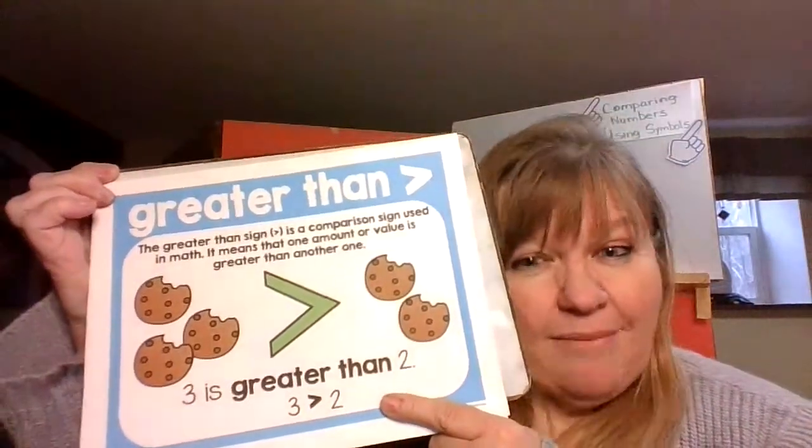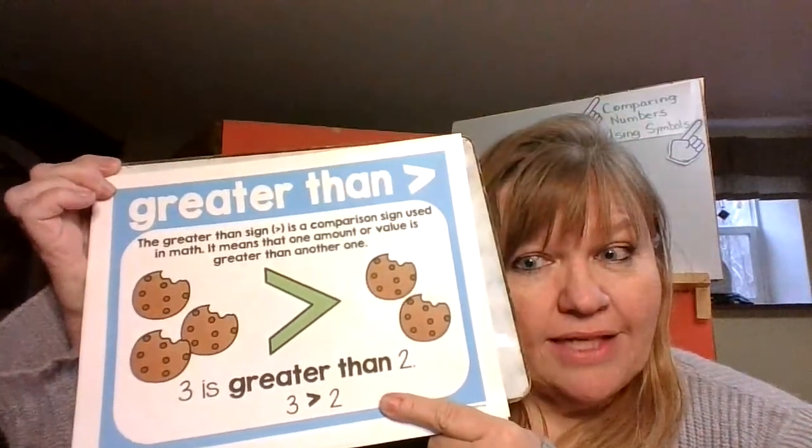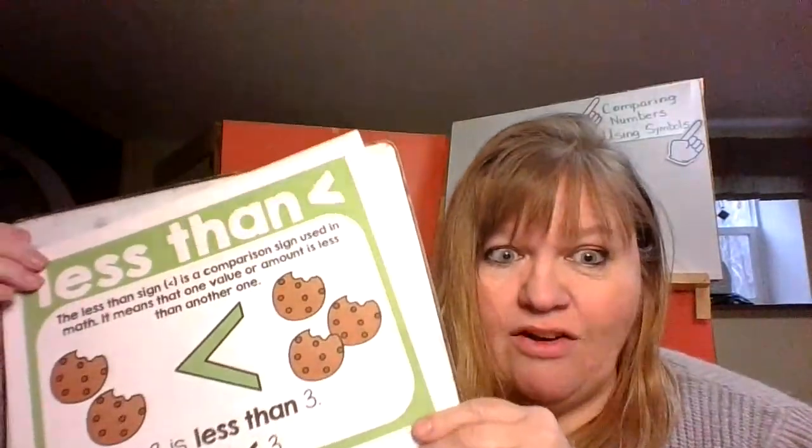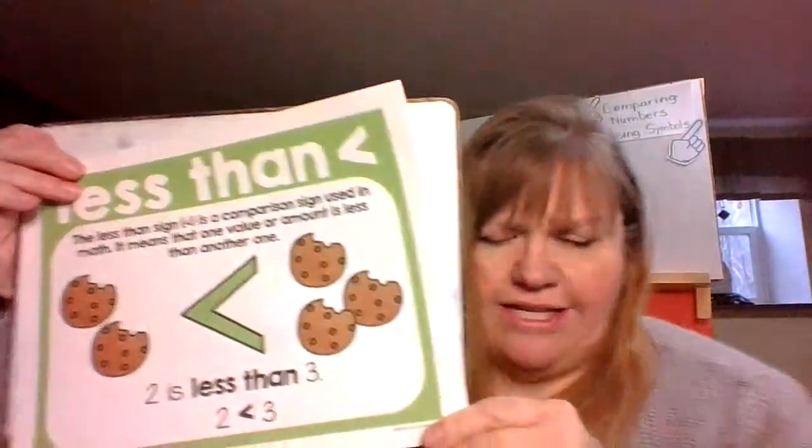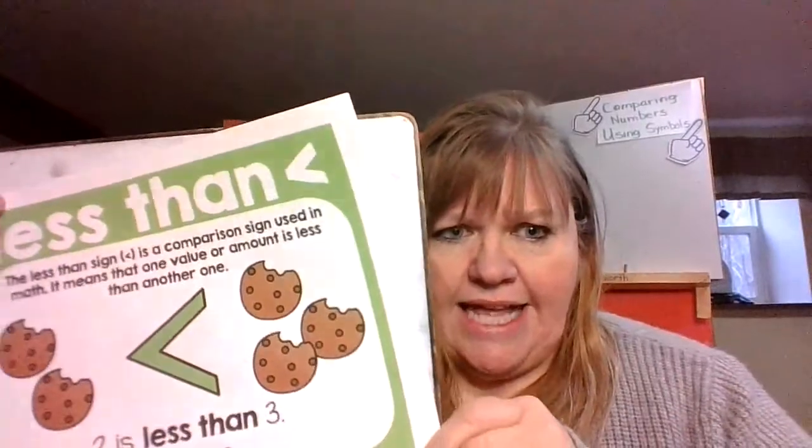Now, kids get mixed up between greater than and this other symbol I'm going to show you, which is the opposite. And this one means less than. It's this one right here. That also looks like a V knocked over on its side, doesn't it? Less than.